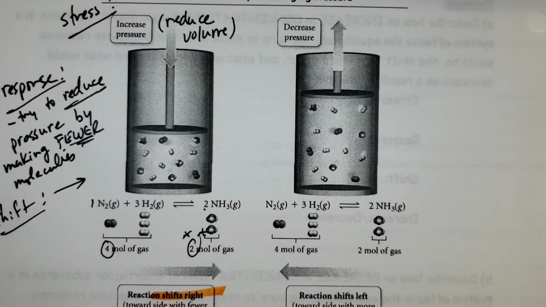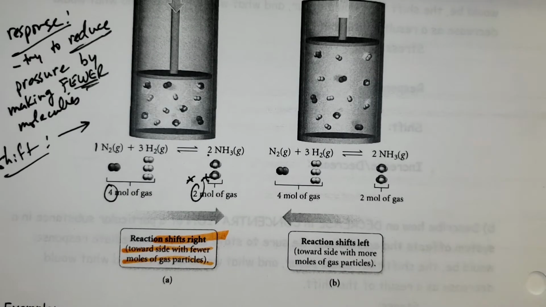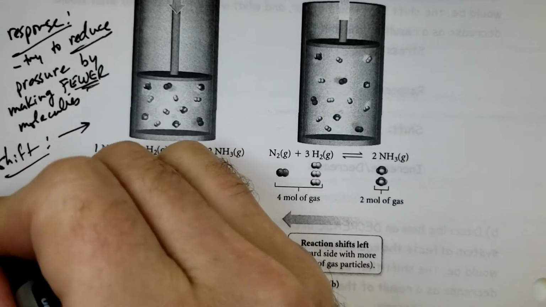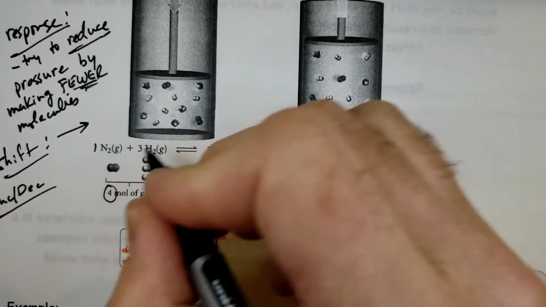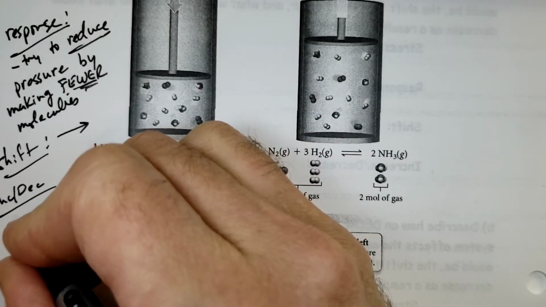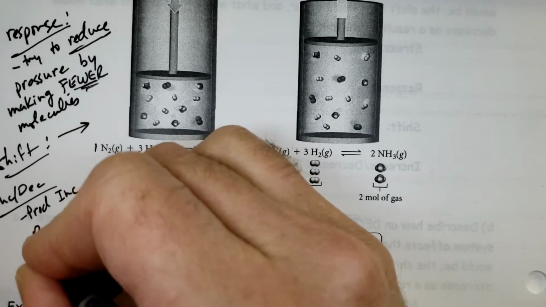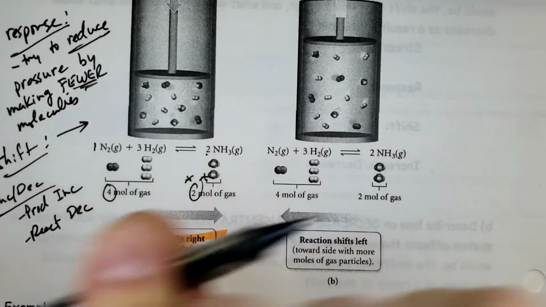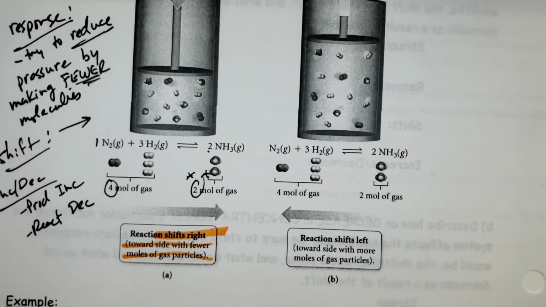So the side with fewer molecules is going to be favored here. So that's the way it would shift. So in terms of increase, decrease, products increase, reactants decrease, because things are shifting to the right. They're making more items on the right, which means using up reactants.